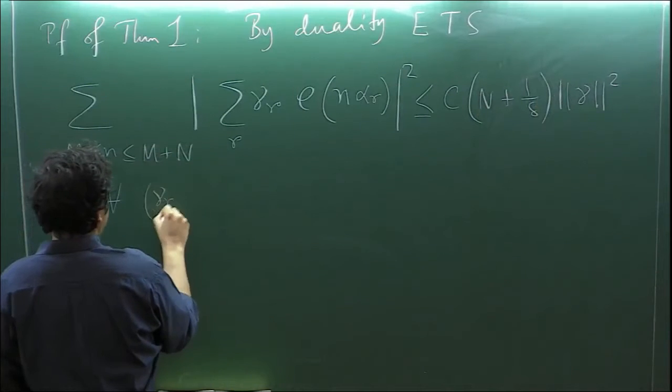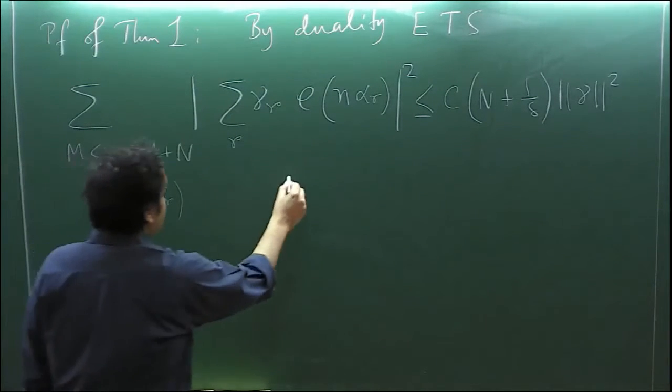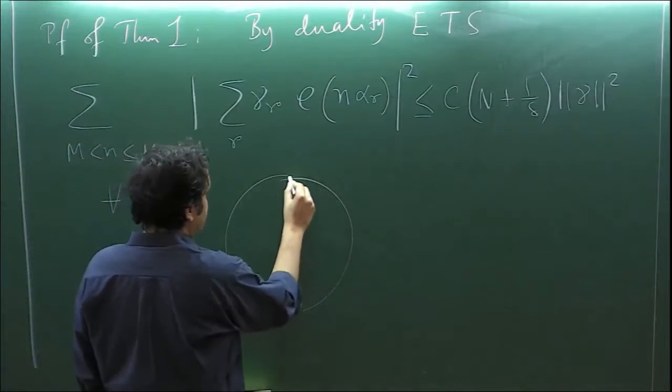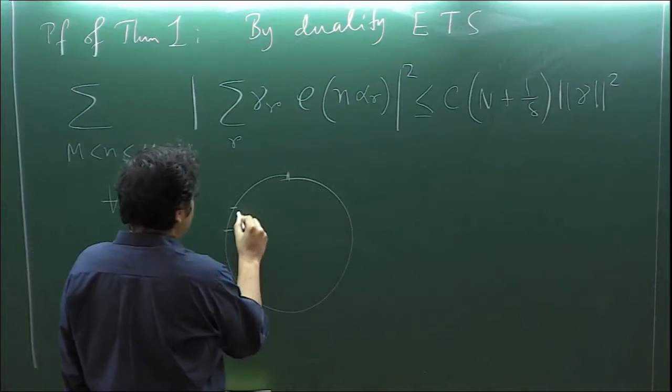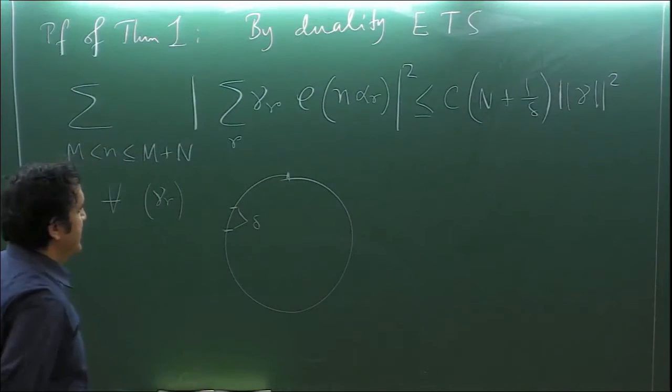And one thing you should recall is, what is the size of this set of alpha r? These alpha r's lie in R mod Z, and the gap between any 2 points has to be at least delta.